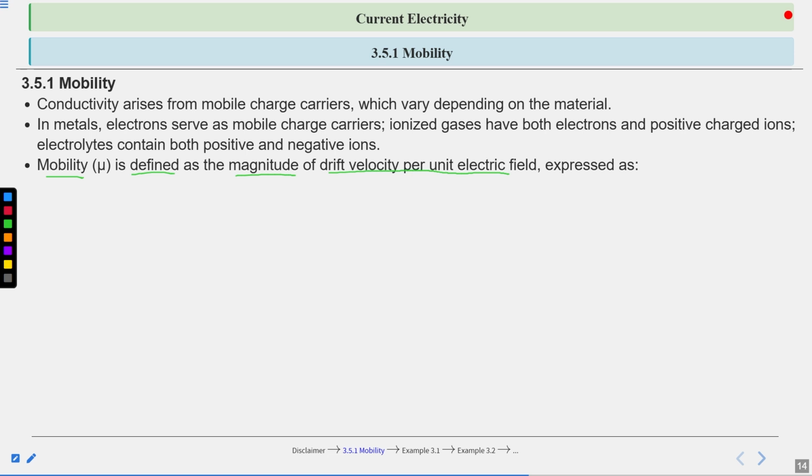Mathematically, it is the magnitude of Vd upon electric field E. So how much drift velocity a charge carrier has if 1 Newton per coulomb, or 1 volt per meter, electric field is applied, that is the mobility of that charge carrier.